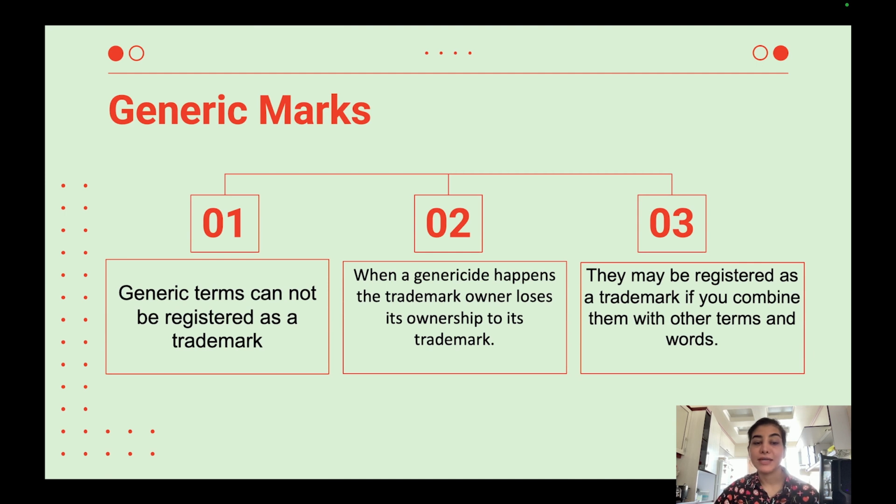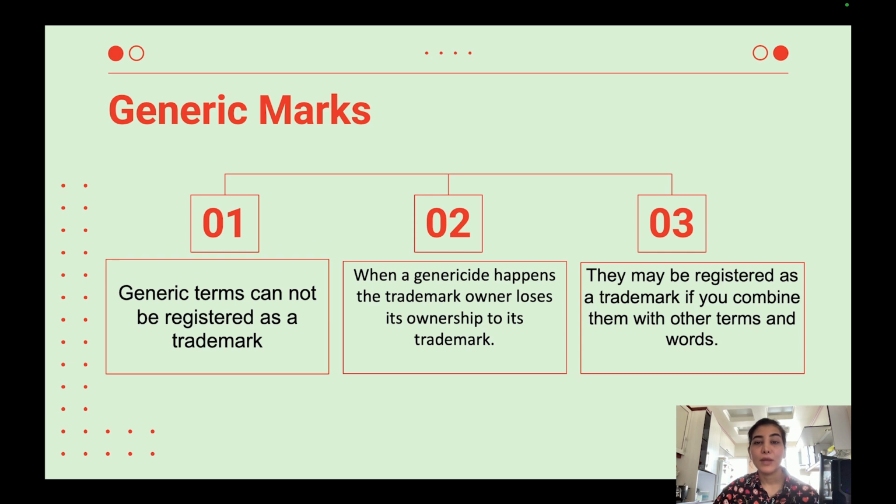Generic marks cannot be registered as trademarks because at first, as we said, they are generic and they cannot be specific for a product or service. And the second reason was that for the second type of generic marks, they are going to be named as the name of the product or service rather than any brand that can identify the product or service.